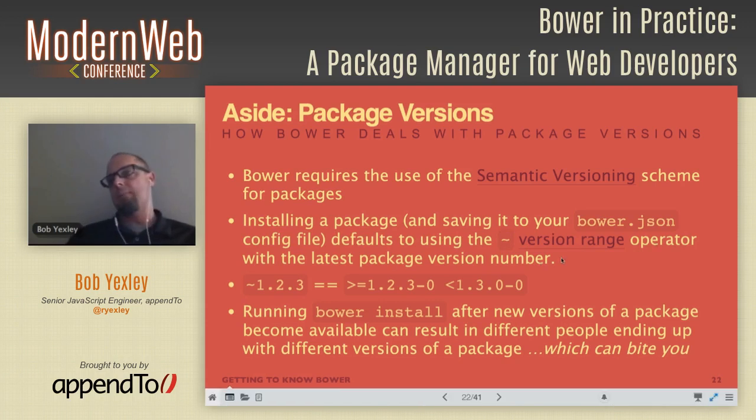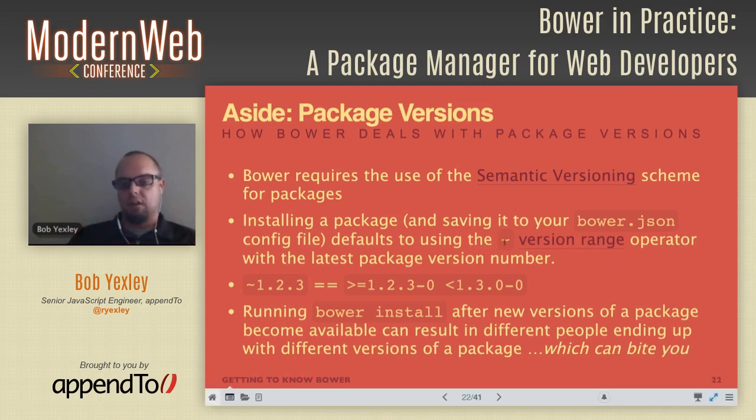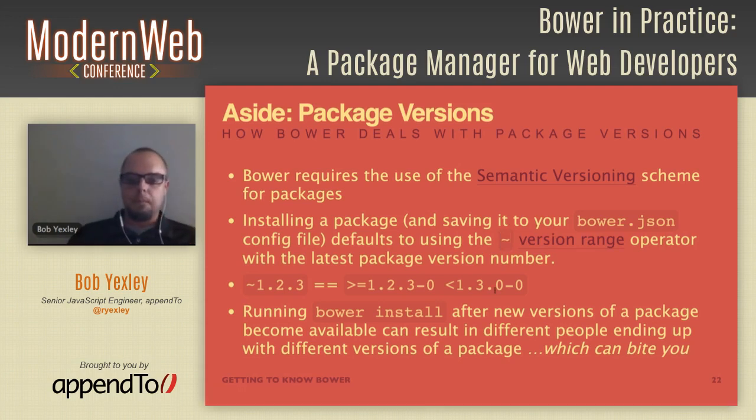So if you just type bower install jQuery --save, it's going to save an entry in your bower.json file that says this project has a dependency on jQuery at tilde version 2.0.2.